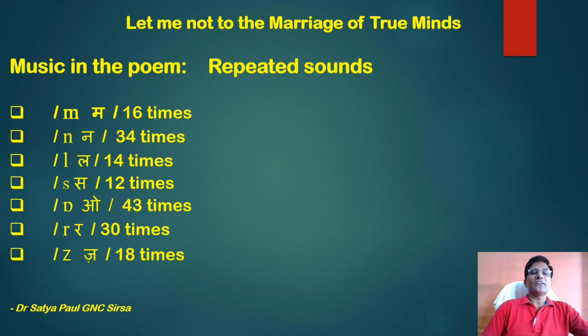The s and z sounds are whistling sounds, and love, you know, is something represented in whistling. Perhaps you remember that song Ilu Ilu, which had a whistling sound. So true love has been represented with these whistling sounds, s and z.